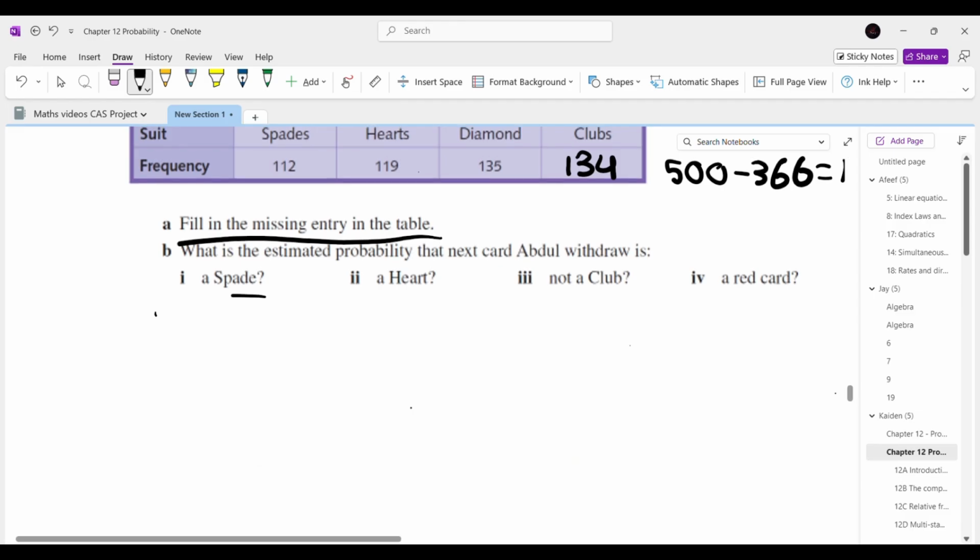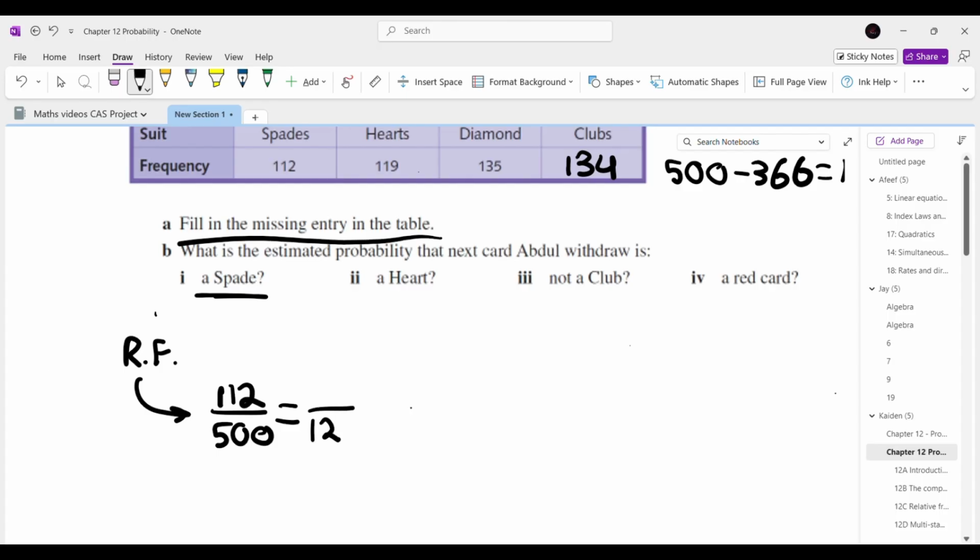So a spade right here. So the relative frequency is just equal to 112 over 500. This is the number of times that the spade was achieved. And this just simplifies down to 28 over 125, which I don't believe can be simplified any further.